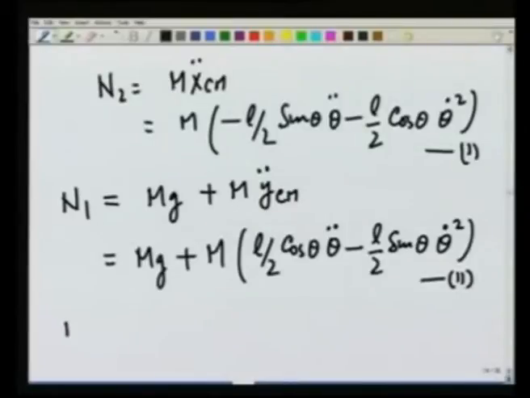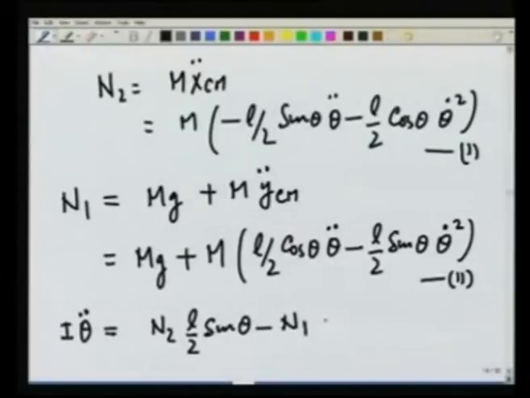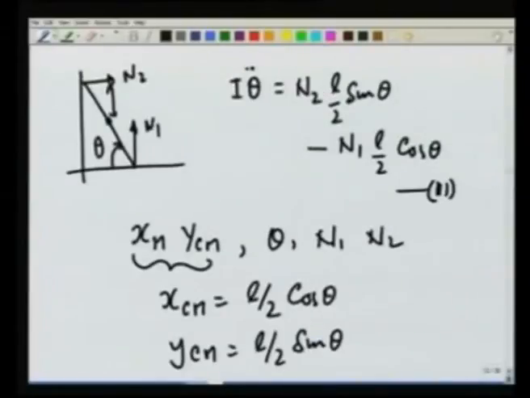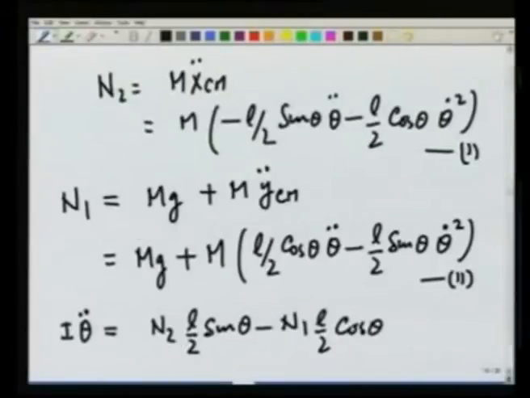Similarly, I theta double dot is equal to N2 L over 2 sine theta minus N1 L over 2 cosine theta, as we wrote earlier. Now, if I substitute for N1 and N2 here, let us see what do we get.